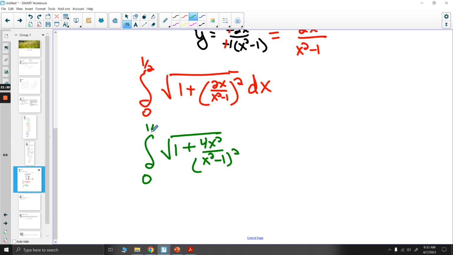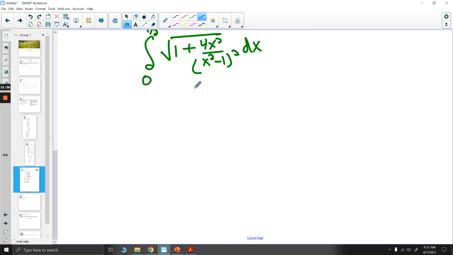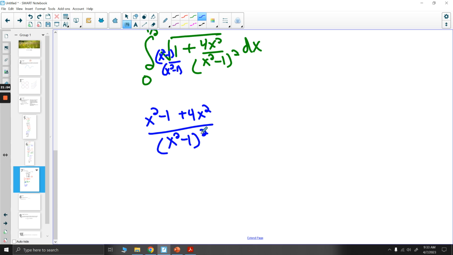But before we can deal with it, we need to take the square root of it, we have to combine these two things. So much like the previous one, we need to combine these two fractions. So this thing here needs an x squared minus 1 on the bottom, so it needs it on top. So 1 times x squared minus 1, that's just going to be x squared minus 1 plus 4x squared all over our x squared minus 1 squared.